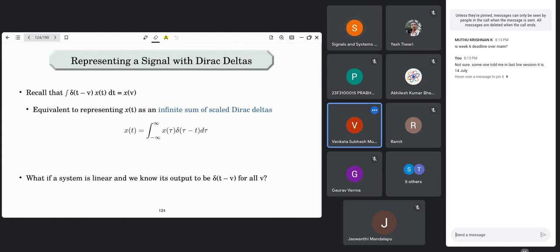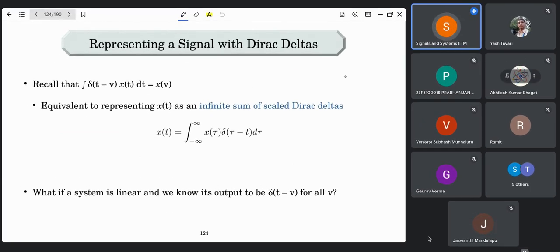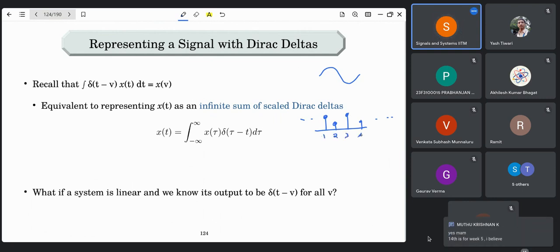All right. So basically, the idea is, let's say you have some arbitrary function like this. If it was discrete, let's start with an example of a discrete case. Let us say I had a discrete function that looked like this, and then goes on like this, let's say this is 1, 2, 3, 4.